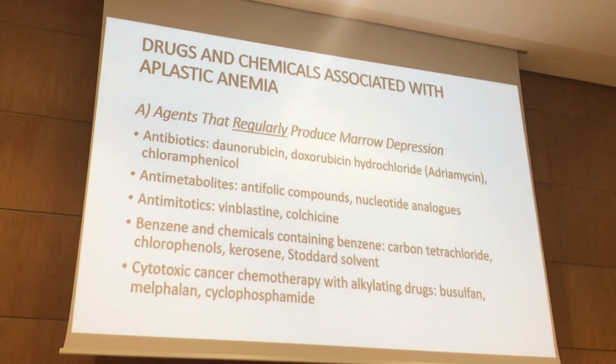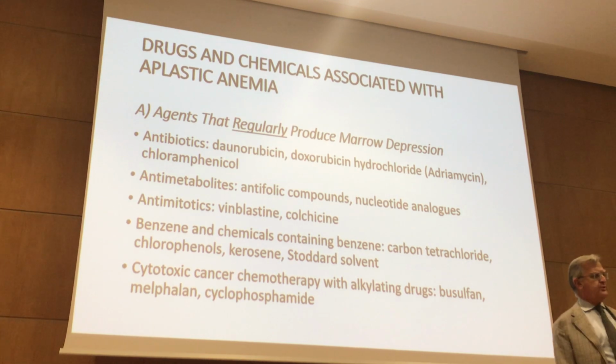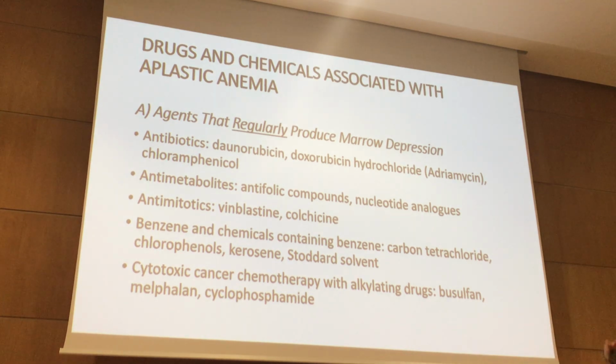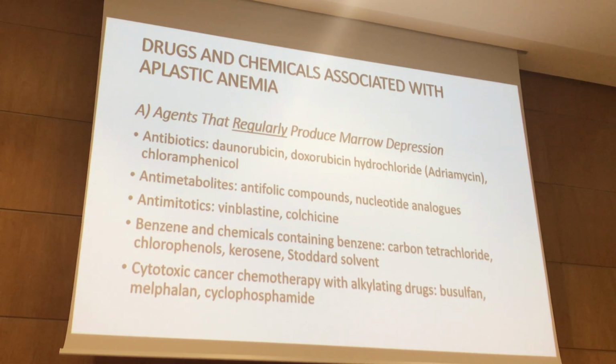Actually, this is the reason why they are used in chemotherapy, for suppressing the bone marrow in leukemia or other hematopoietic or tumor cells. So most of them are chemotherapeutic agents. Also, there are some antibiotics. Chloramphenicol is one of them, one of the most well-known of these.